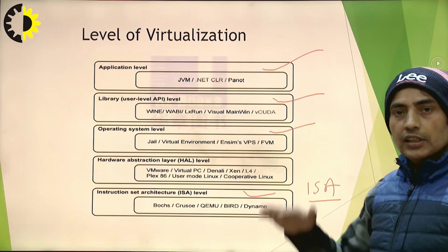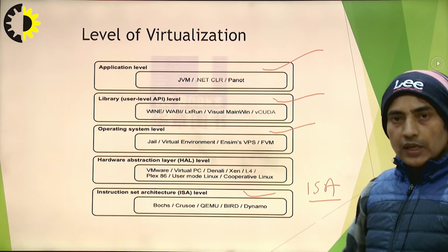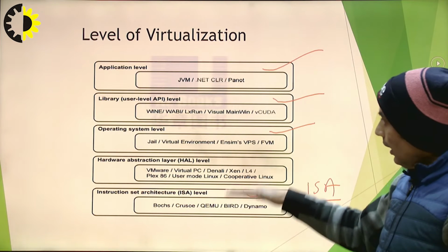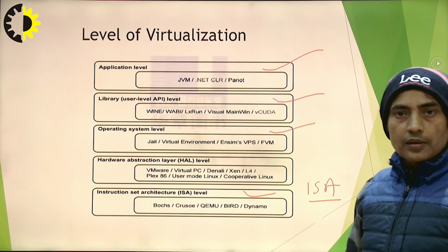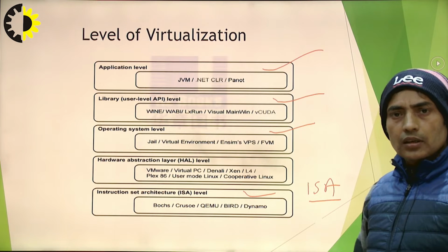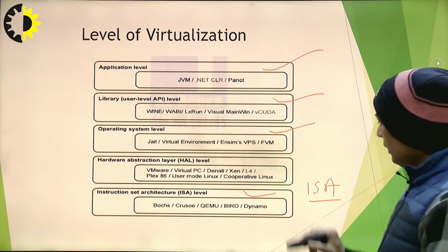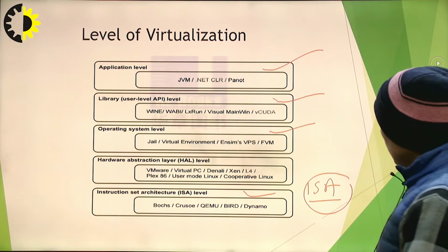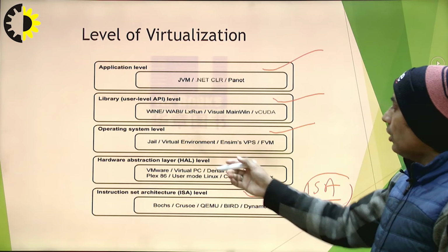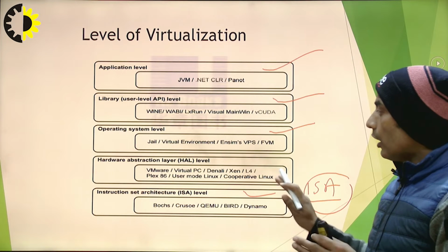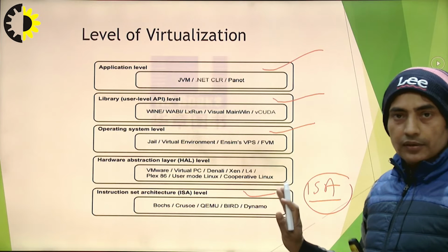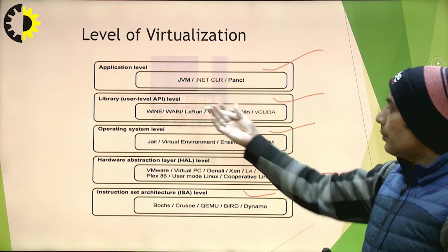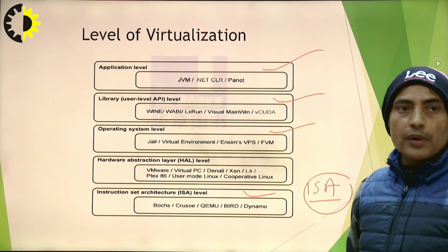That means virtualization can be achieved at these different levels. Some may achieve virtualization only at the ISA level, some only at the hardware abstraction level, some at the user application level, and some at the operating system level.